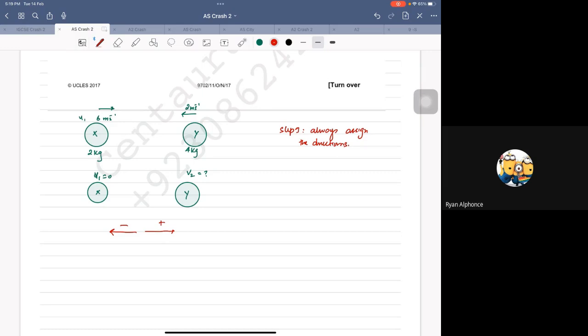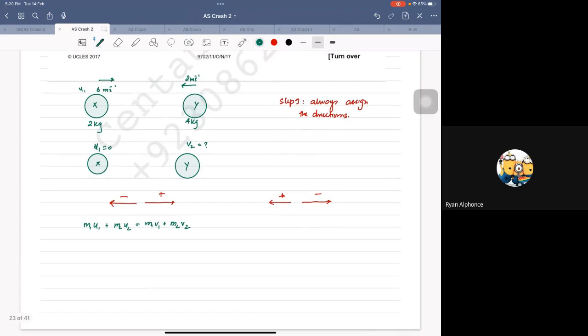But you can always take it this way, or you can also take it the other way. So I'm going to solve this both ways and then see where we can apply that. In this particular case, we write m1 u1 plus m2 u2 equals m1 v1 plus m2 v2. Now, m1 is 2.